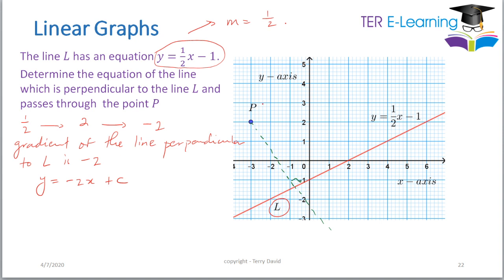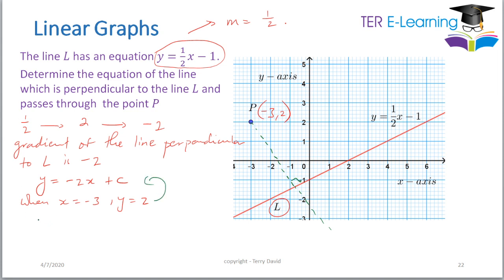what c is. So the point P is minus 3, 2, right? That's the point P. So what that means is that when x equals minus 3, y is equal to 2, right? So I'm going to substitute these two values into that equation.